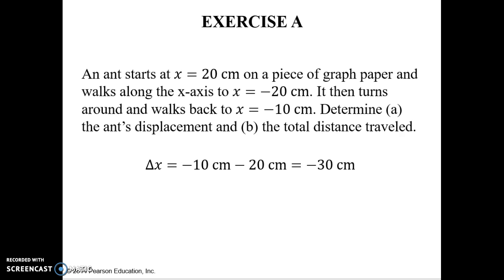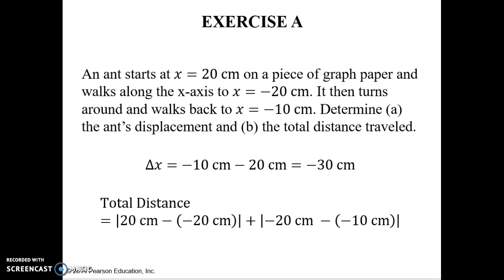To figure out the total distance, we need to break it up into two parts, taking the difference of the first segment and adding it to the difference of the second segment. Notice that we take the absolute value for distance, and that while taking the difference between both segments, notice that the two negatives equals a positive.